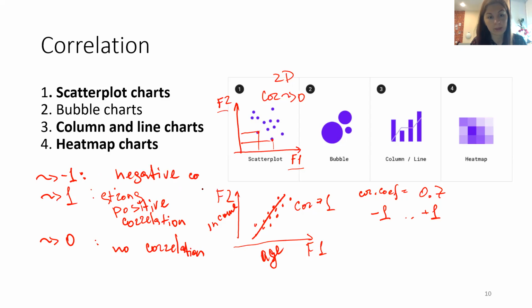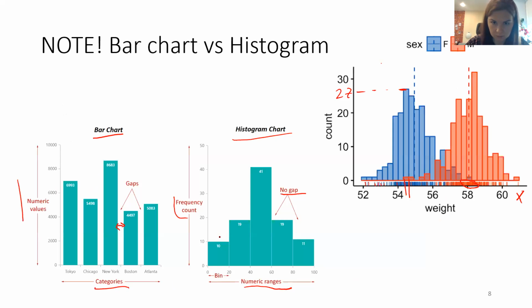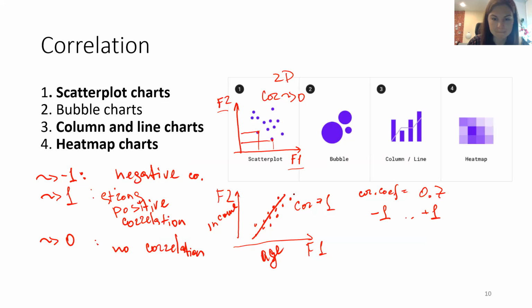Can I ask? Yes. Why did you say on the first scatter plot that the correlation is close to 0? If you compare it to the one that you created right under, it looks like it's close to -1, isn't it?